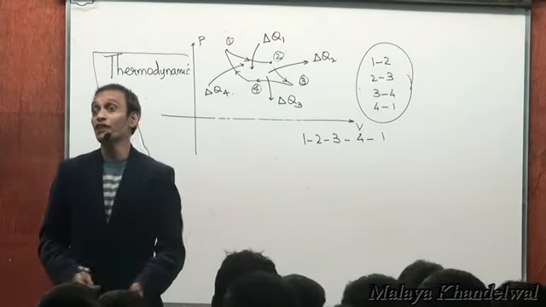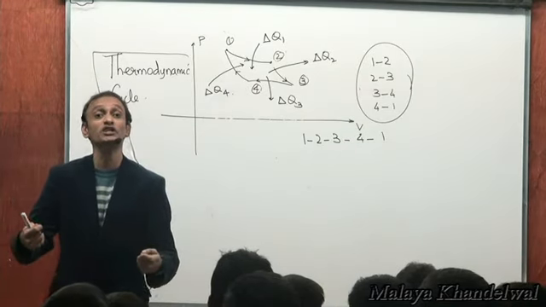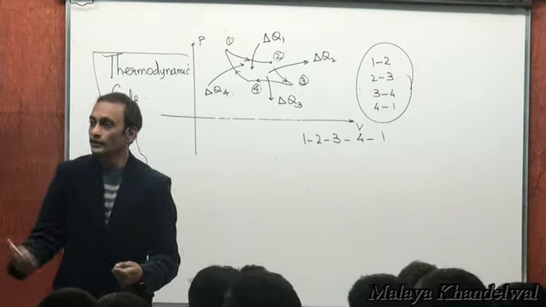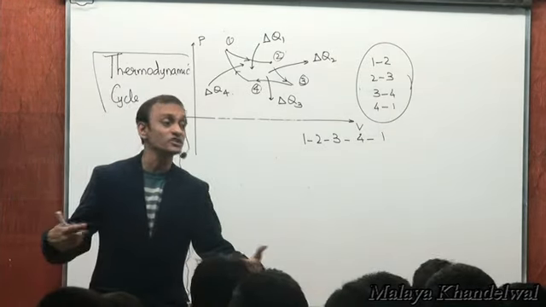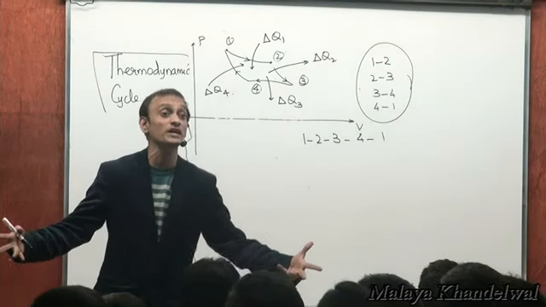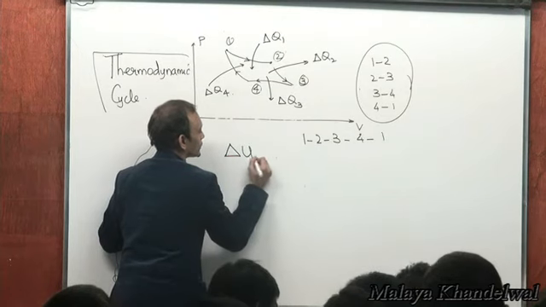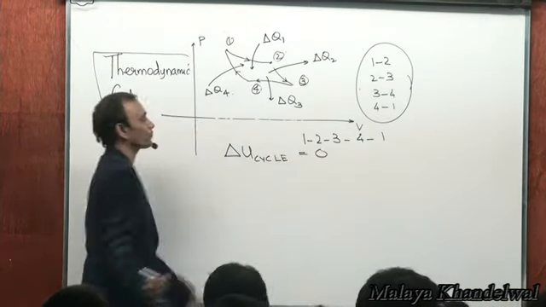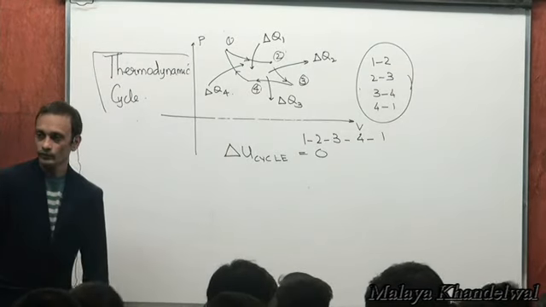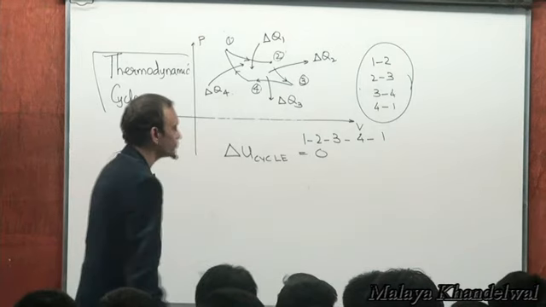That means in a full cycle 1, 2, 3, 4, 1, when you are arriving at the same state again and again, then upon arrival at the same state, the net change in internal energy during the cycle must be 0, right? So delta U for the cycle must be 0. For a full cycle, delta U for the cycle must be 0.